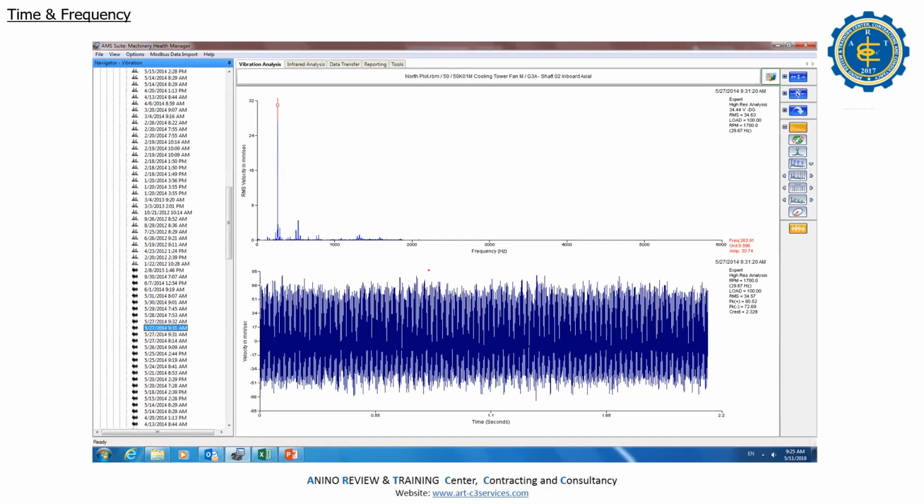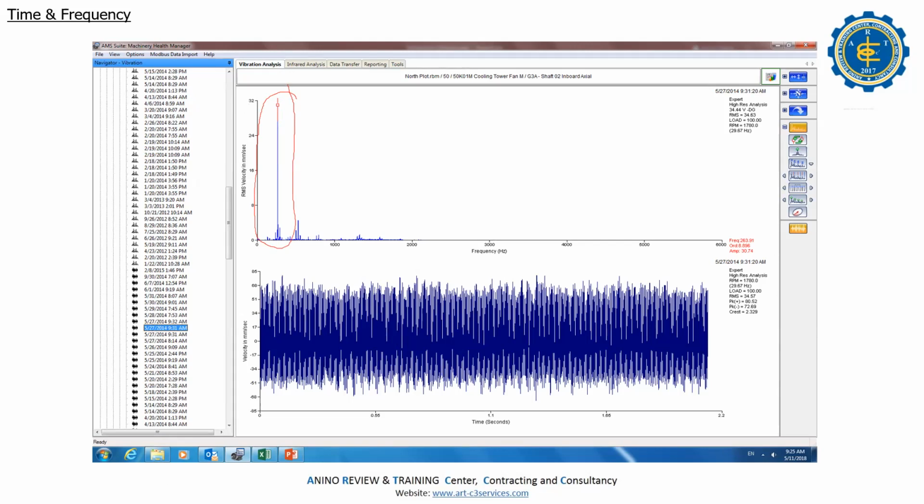So this one, how much is the vibration? Full scale 30, right? No, it's below 32. That's why I told you, maybe around this reading. See, 1x high. So what is this?